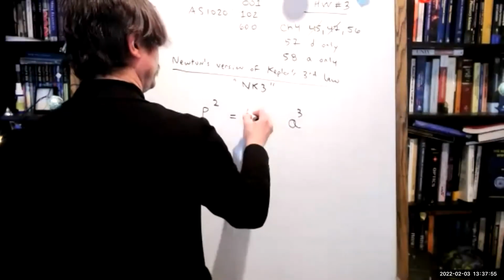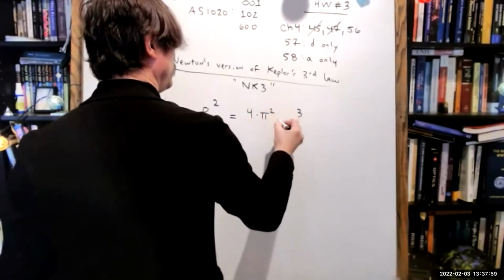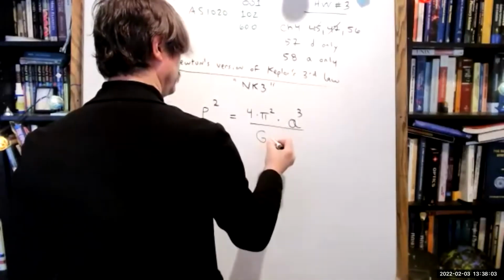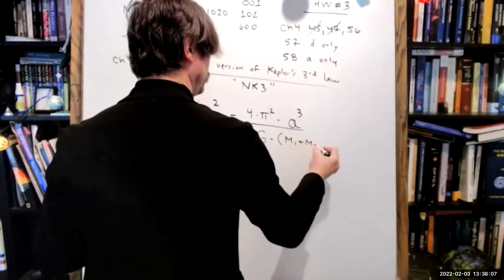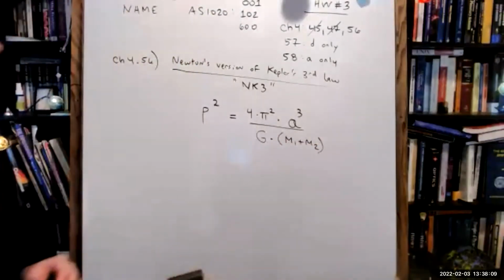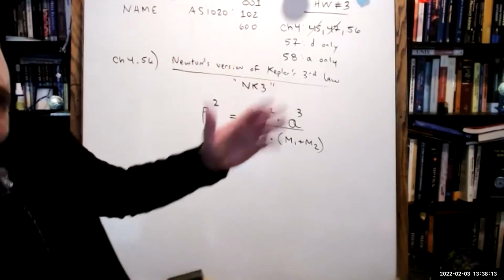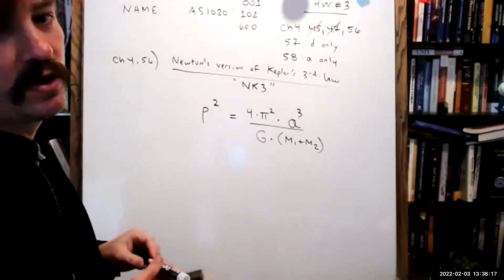And his version is 4 times pi squared times a cubed divided by big G times the sum of the masses in parentheses. This version is called Newton's version of Kepler's third law, NK3.